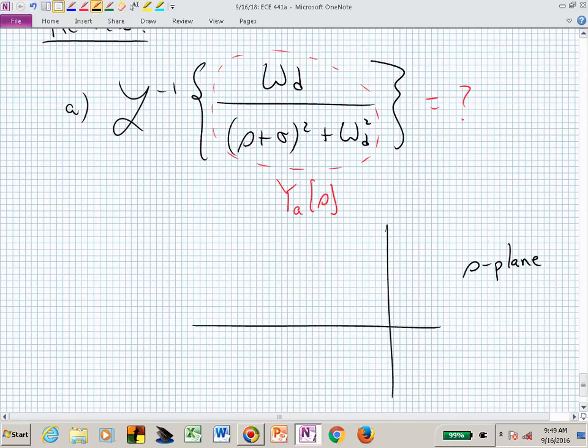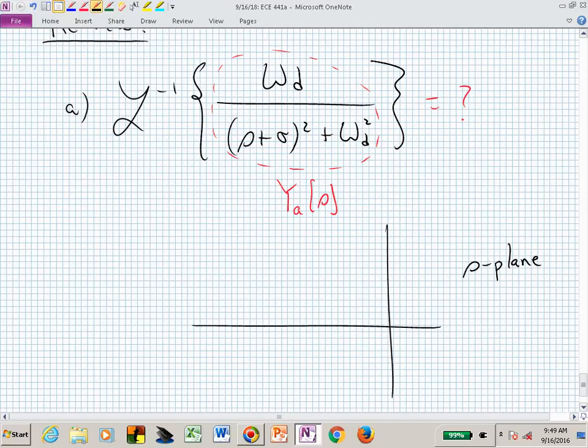Do we have any poles? And where are those poles located? For a second order transfer function, as long as your coefficients are positive, you know you have negative real parts, if they're both present and positive. That's how I like to think about it.